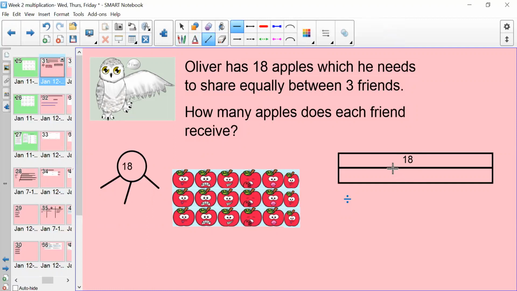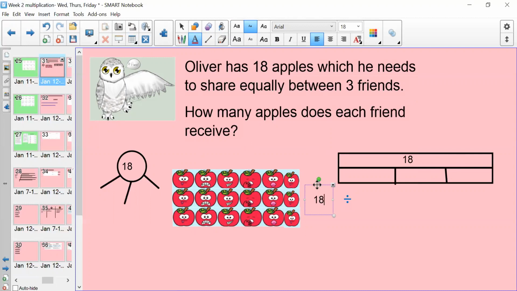So I would put my other bar and divide it into 3 for my 3 friends, and I've got 3 parts coming off my whole circle. Now I need to work out how much each friend gets. So my division sum at the moment is 18 divided by 3, because I'm sharing it between 3 friends.